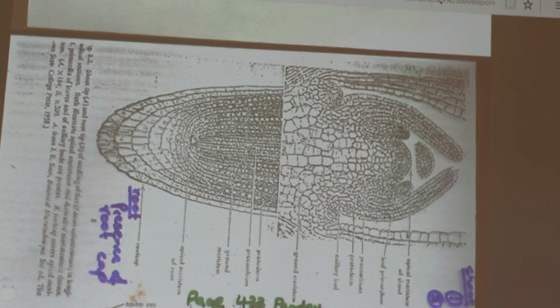From this source we can see a central unity here, and from this source we can see the periphery over here, and then in between we see these groups. Now these cells in between are the ground meristem, and in here we have the apical meristem, and in here we are going to have the procambium, which is going to give rise to the vascular system.